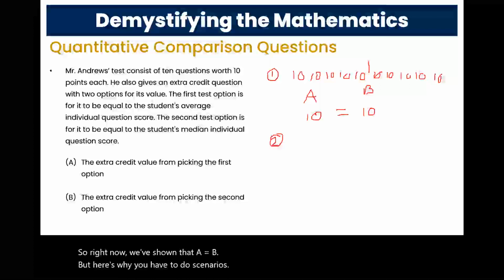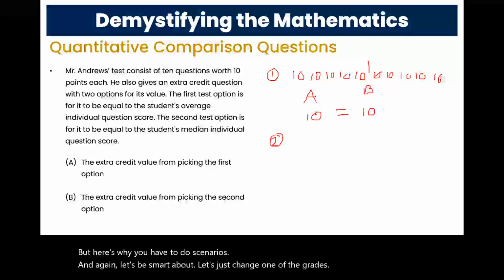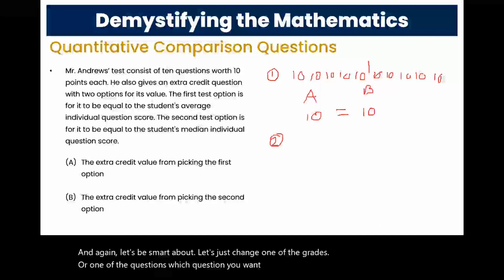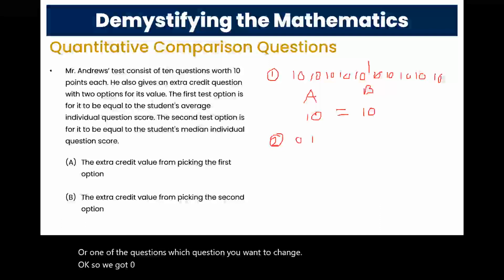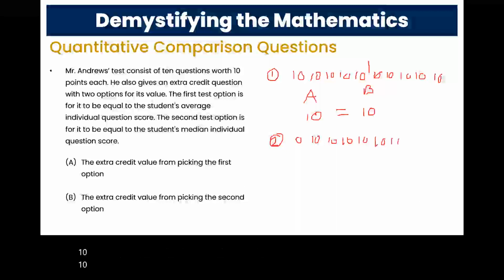And again, let's be smart about this. Let's just change one of the grades, or one of the questions. Which question do you want to change? Okay, so we got 0 on the first one, and then 10, 10, 10, 10, 10, 10, 10, 10, 10.